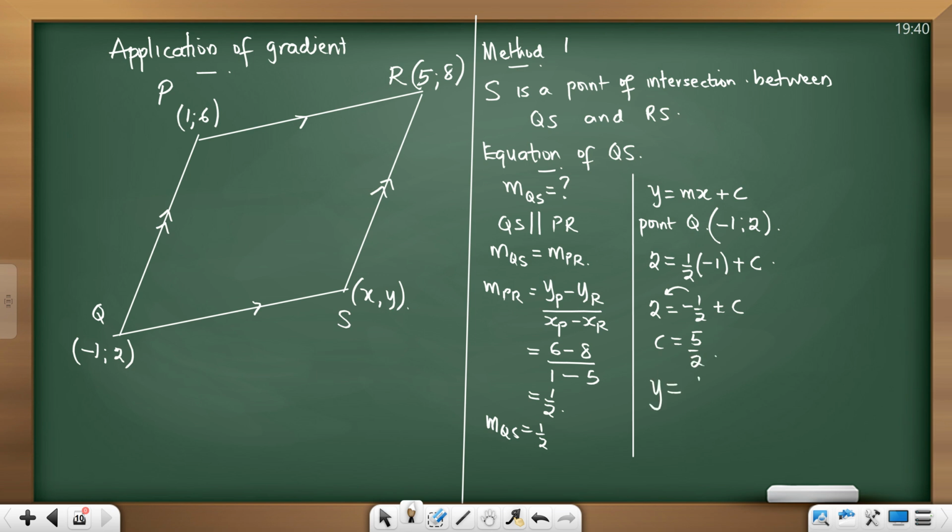Y equals to, gradient is half, X plus 5 over 2. This one is very long, but we will do it. Everybody okay with my equation of a line, equation of QS? Please let me know.